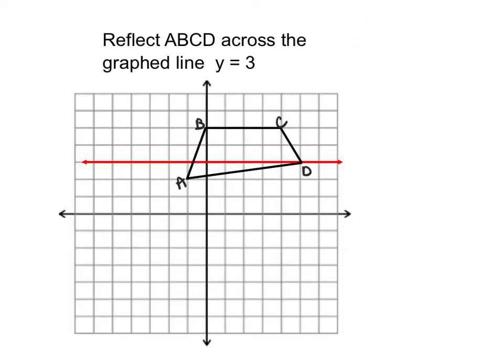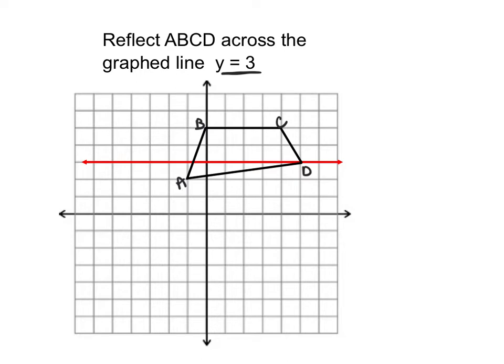In this example, we're going to look at reflecting ABCD across this graphed line, which is given by the equation y equals 3. Now, I really like this problem because some of the vertices of the shape are on the line, some are above the line, and some are below the line. But again, what I'm going to do is count the distance that A is from the line, and again, that should be measured perpendicular to the line.